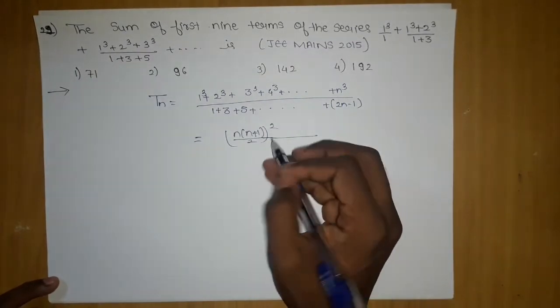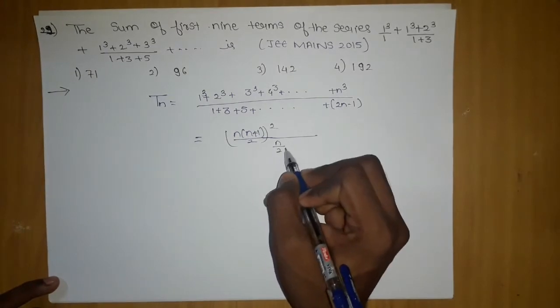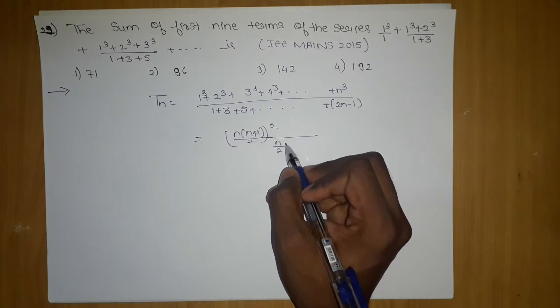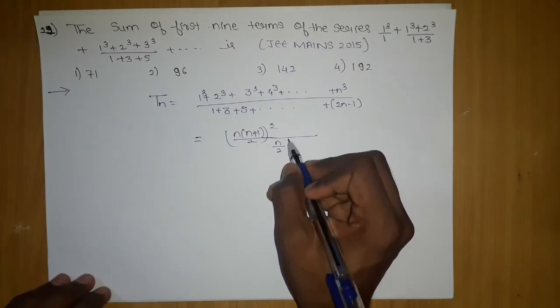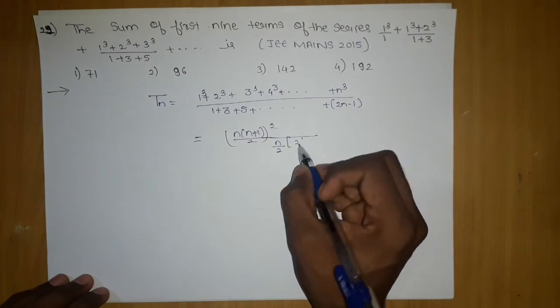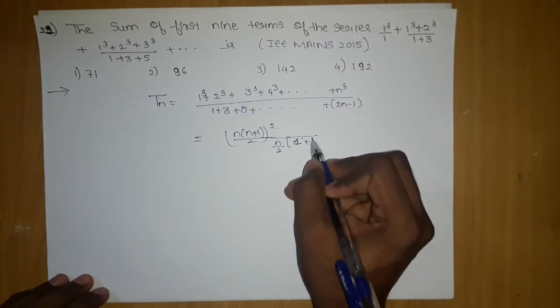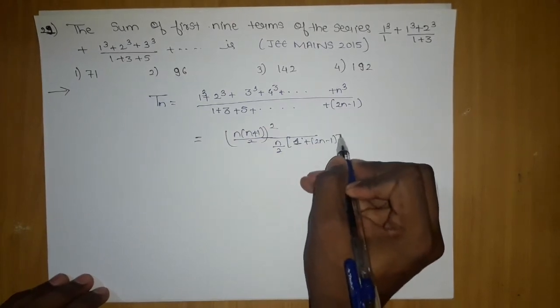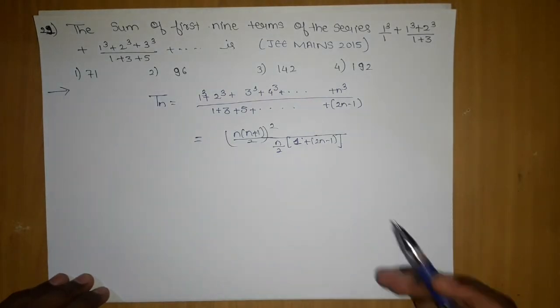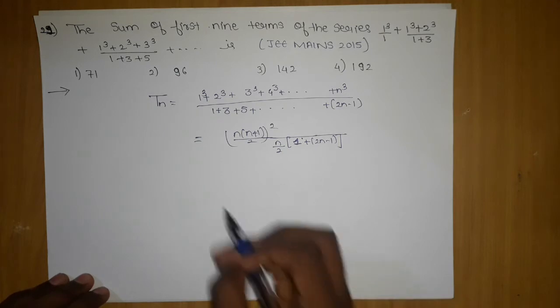They are in AP, so I can apply the formula for the sum of odd terms, which is n by 2 bracket 1 plus the last term. The first term is 1, and I know the last term, 2n minus 1. So it will reduce my job, instead of using the big formula n by 2 bracket 2a plus n minus 1 into d.